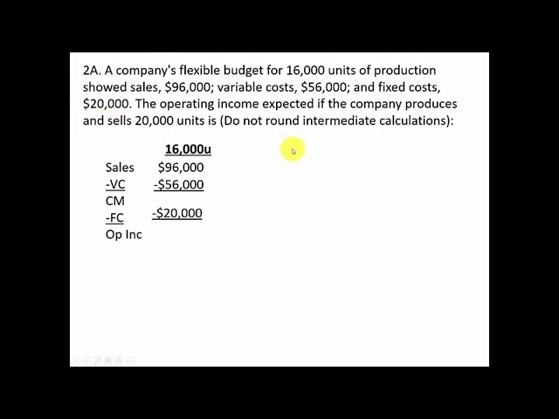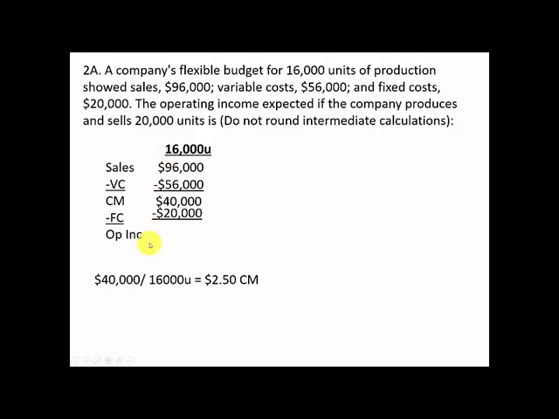Okay, so here's what we got. We know that on the existing budget, the sales minus variable cost equals a contribution margin of 40,000 minus fixed cost of 20,000 gives us operating income of 20,000, but we don't care about that. What we care about is breaking this into pieces so that we can redo the budget based on the new volume level, which is 20,000 units.